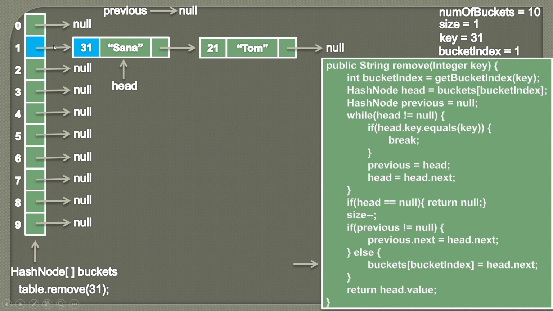Now this link will be removed, and as we are assigning head.next to it, this will point to this node because head.next is this node. So it would look something like this: we are assigning the head.next value, which is this node, to the buckets array at bucket index. So now you can see this node can be freed up easily by returning the value Sana.